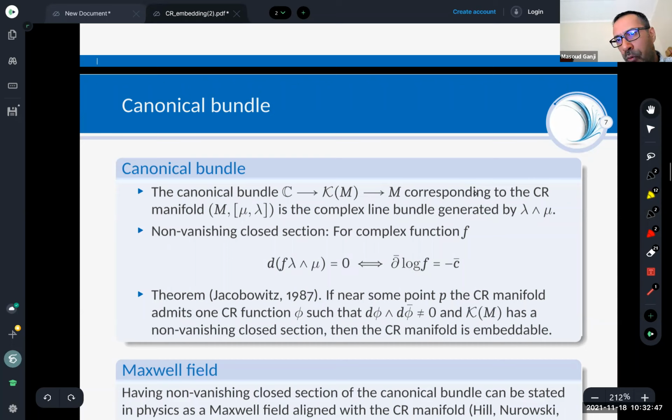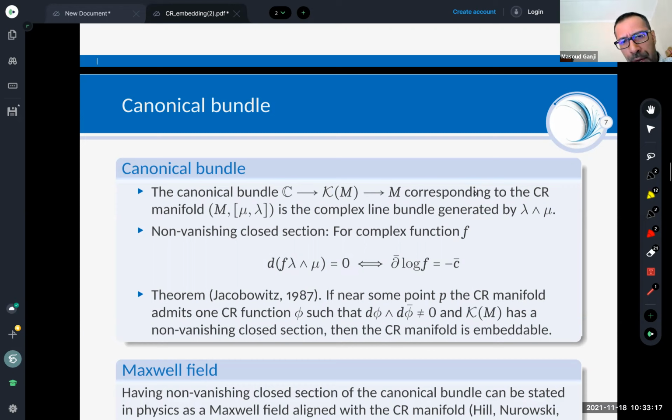That's a complex two-form. And the non-vanishing closed section is defined in this way. Of course, the exterior derivative of a multiple of this form has to be 0. And if you expand this, it gives us this relation, which is very important. And this function C is again that function C, which plays a very important role in all places.